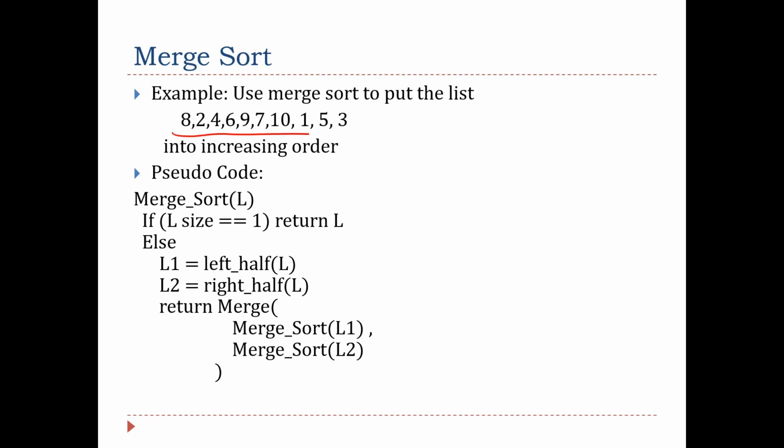Suppose you have all these values to be put in increasing order. The pseudocode that you will see in detail on the upcoming slides is something like this. Merge sort of a certain list L would return L if L is of size 1. This is the basis step. Otherwise, if L has more than one element, then we would cut it into two halves, the left half and the right half, which we call L1 and L2.